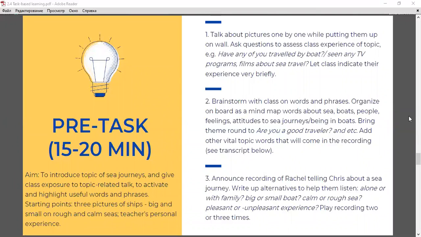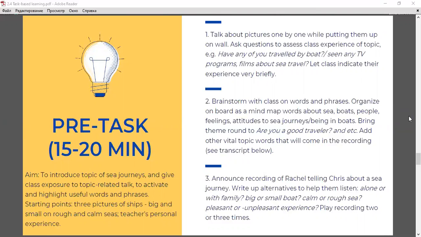First, we start with the pre-task, which takes 15-20 minutes. The aim is to introduce the topic of sea journeys and give the class exposure to topic-related talk, to activate and highlight useful words and phrases.